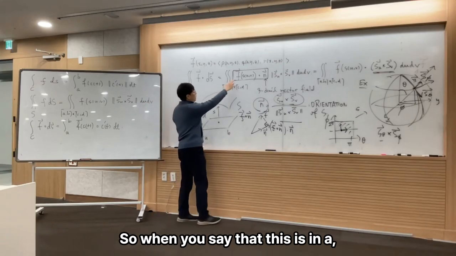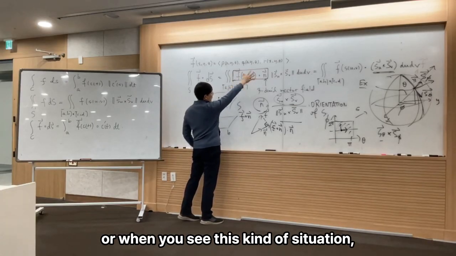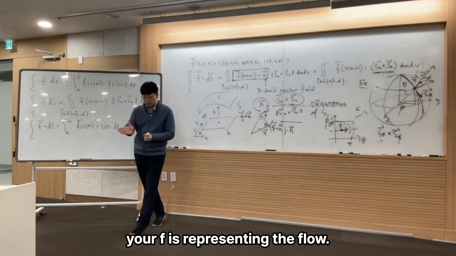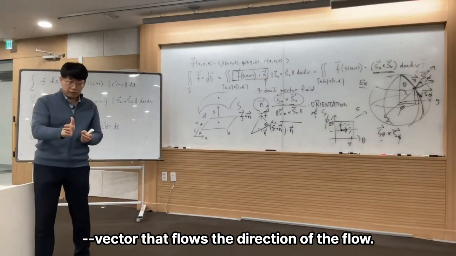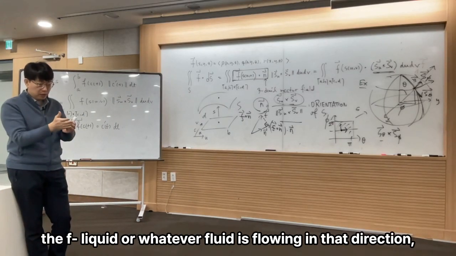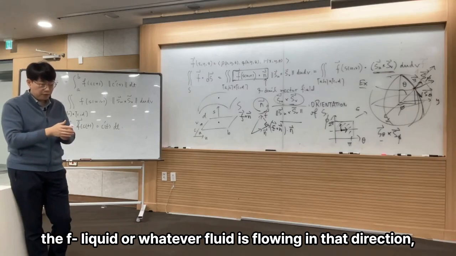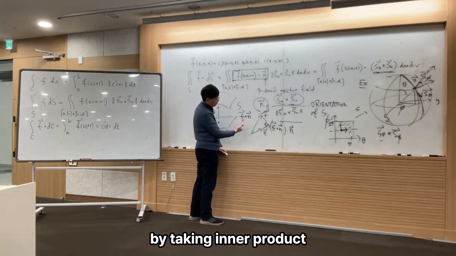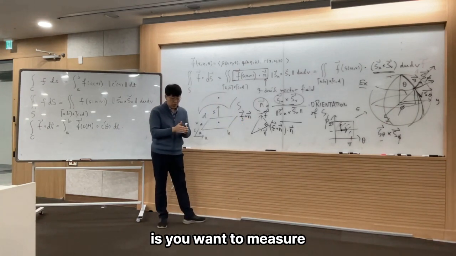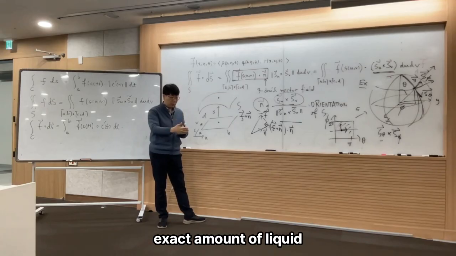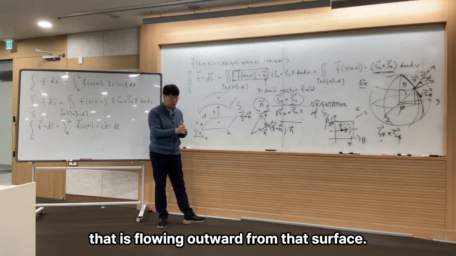When you see this kind of situation, your F is representing the direction of the flow. This vector indicates that at each point, the liquid or whatever fluid is flowing in that direction. And by taking the inner product, you want to measure the exact amount of liquid that is flowing outward from that surface.